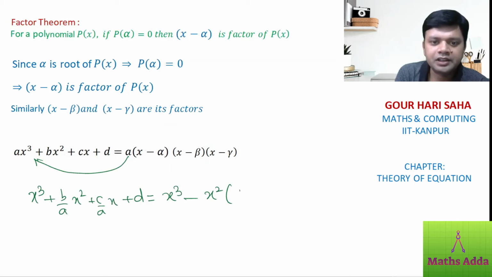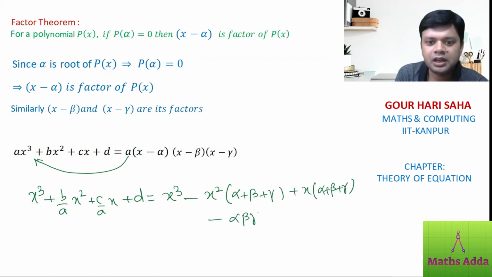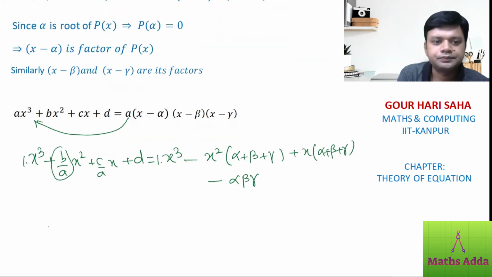You multiply them and you will get x cube minus alpha plus beta plus gamma times x square, and then plus x times the sum of products, and then minus alpha beta gamma. If I compare both sides, 1 is equal to 1. Second, what is the coefficient of x square? It is b by a here, and here it is minus of alpha plus beta plus gamma. So I can write minus of alpha plus beta plus gamma is equal to b by a.